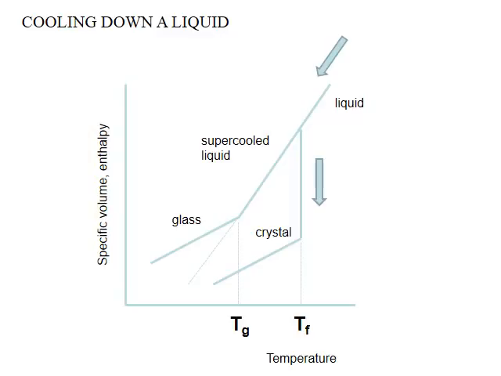Volume will discontinuously decrease, and after that, further cooling will lead to the decrease in the volume in a different rate. However, lacking any nuclei, the liquid phase can be maintained at temperatures below Tf. In fact, every liquid can be found in a supercooled state.